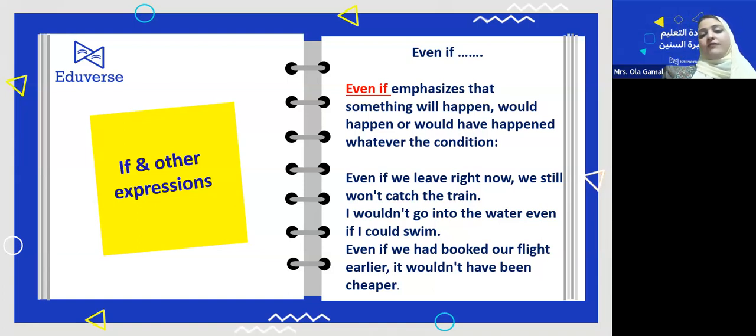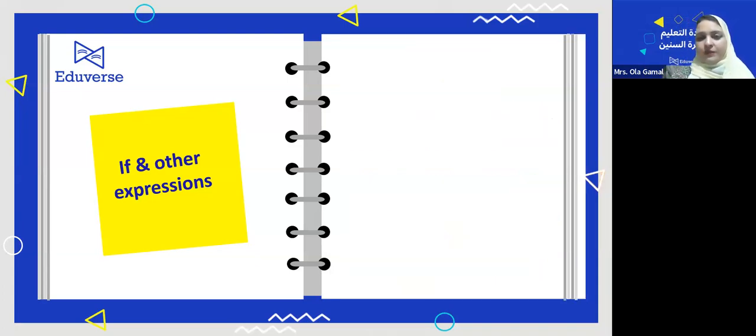The next example: I wouldn't go into the water even if I could swim. Here it's something which would happen. And even if we had booked our flight earlier, it wouldn't have been cheaper. So if we booked it earlier, it would be cheaper. Okay, so this is the condition that we use with "even if."